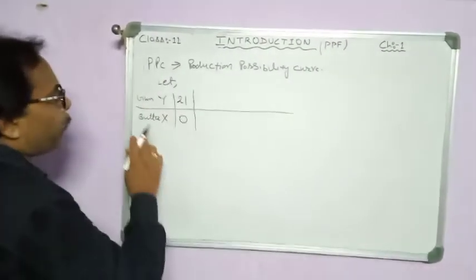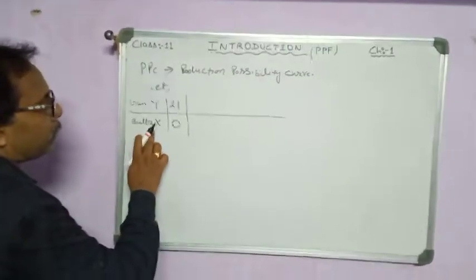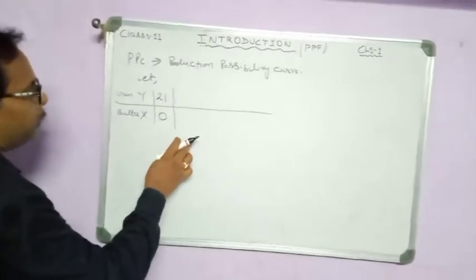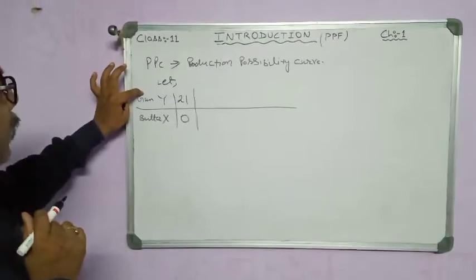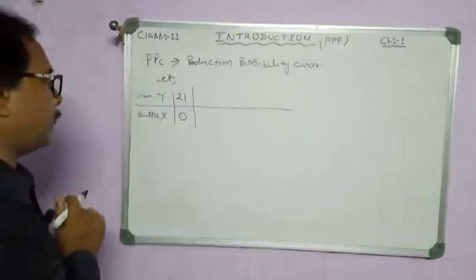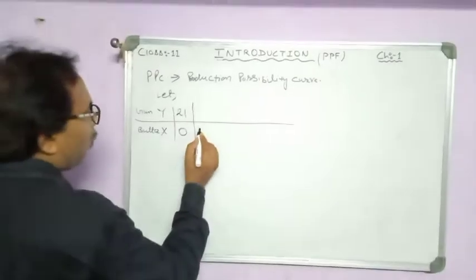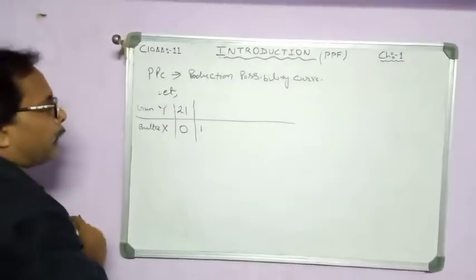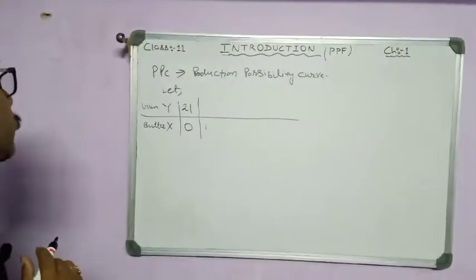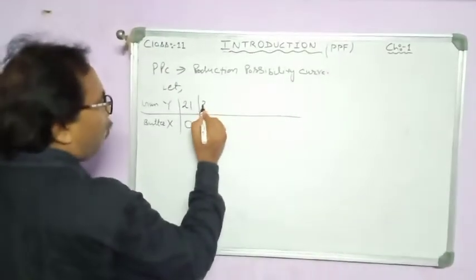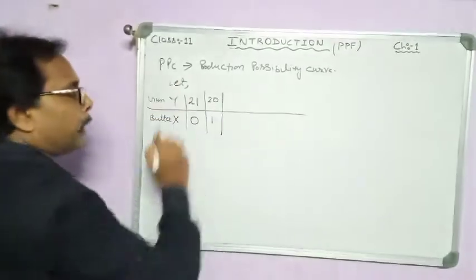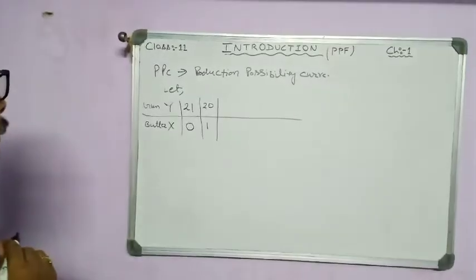Now if we want to increase the production of butter, we will have to sacrifice the production of gun. Suppose to produce 1 unit of butter, at least 1 unit of gun will be sacrificed.